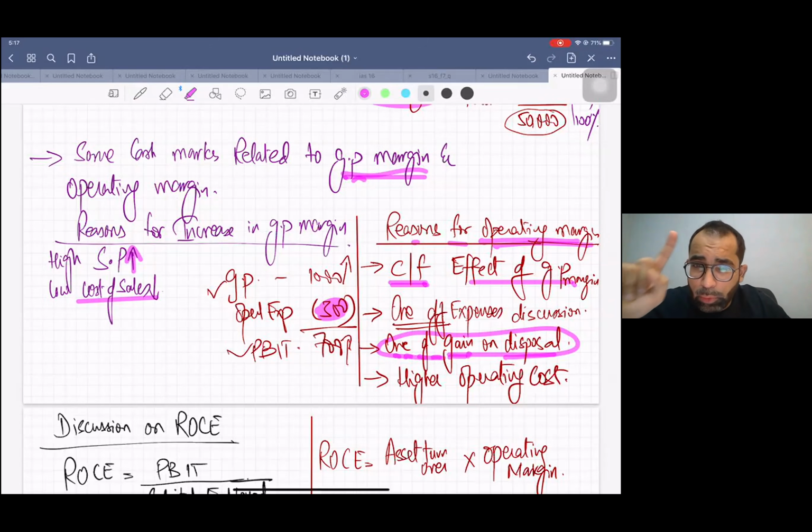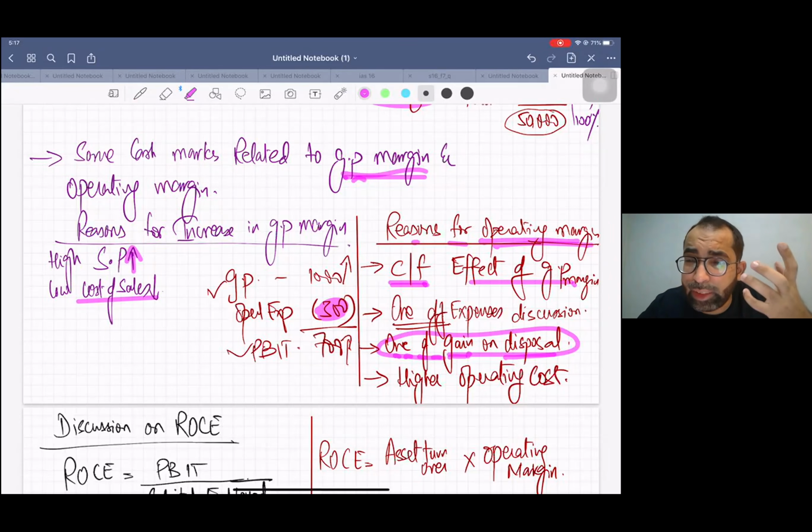And do listen to one thing very carefully. In your F7 paper, this is your good luck, that the examiner repeats things after years. If you see final account adjustment, consolidation adjustment, you will find similar adjustment. Many times they give similar adjustment.